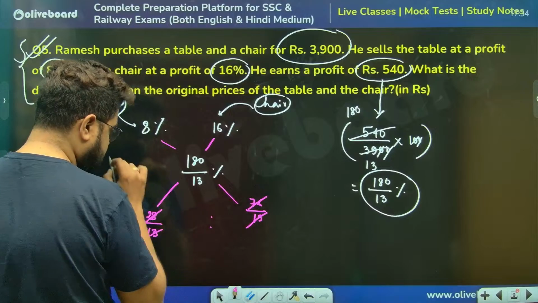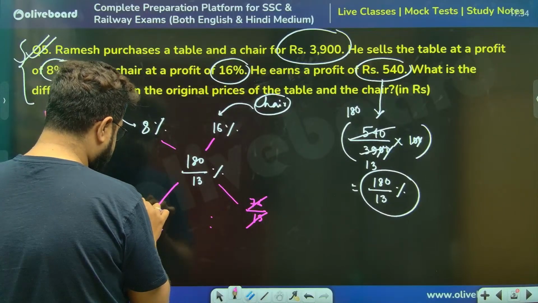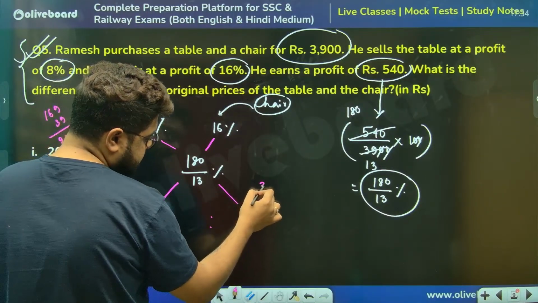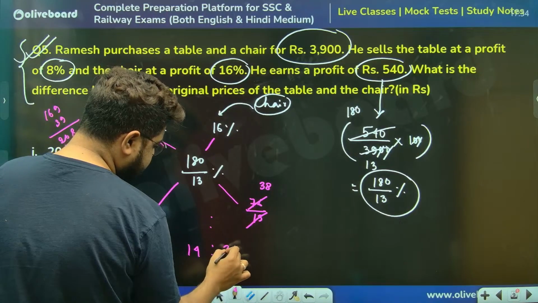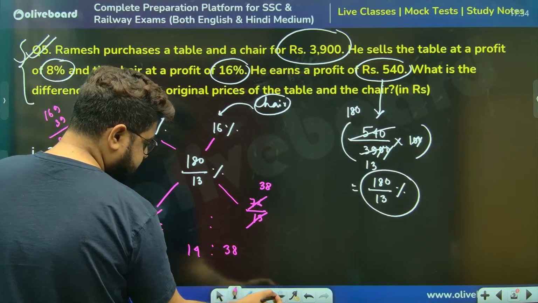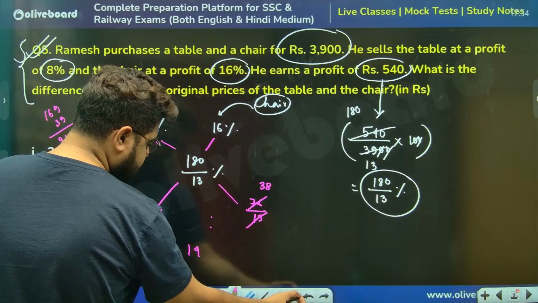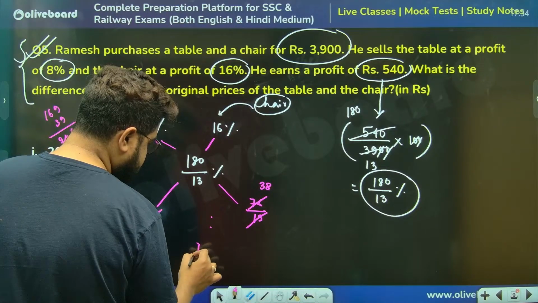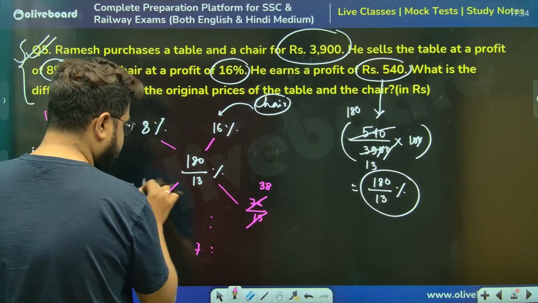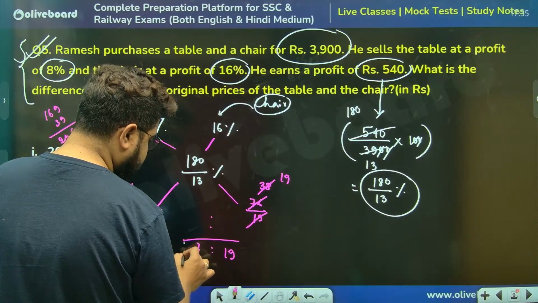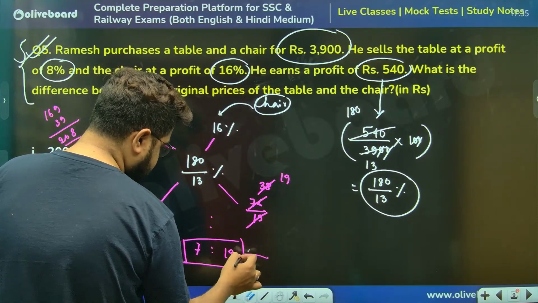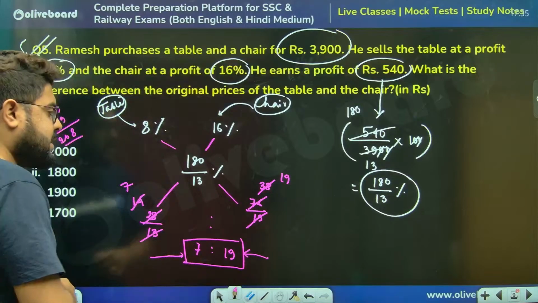Okay, sir. So this is 14 and this is 38. I'm quite sure there is something wrong with the values. 7, yes, that is 7. This is 19, okay. 7:19. Okay, no, it might be right as well.